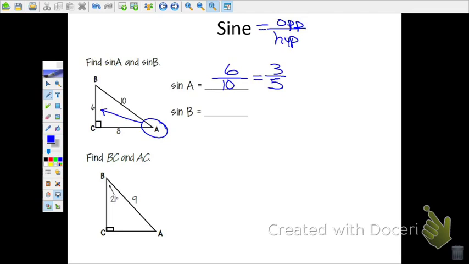Next, they want us to find the sine of angle B. What side is opposite angle B? 8. The hypotenuse is still 10. That reduces to 4/5. What if we did something like angle C, where the opposite is the hypotenuse?